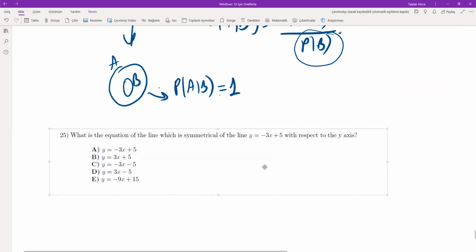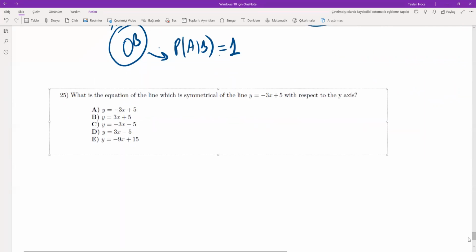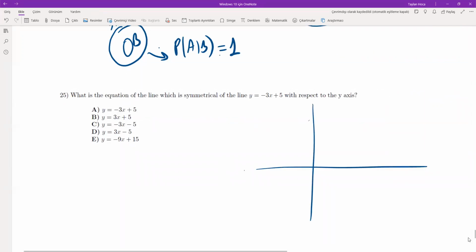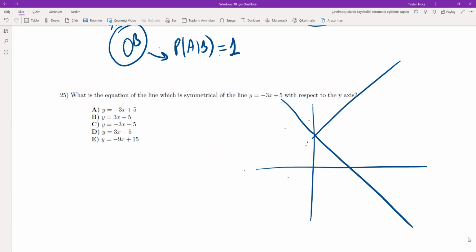What's the equation of the line which is symmetrical of the line y equals negative 3x plus 5 with respect to the y-axis? So negative 3x plus 5 is this. And when I take symmetry with respect to the y-axis, as you can see, the y-intercept stays the same, but the slope gets negated. I think it's C. C?